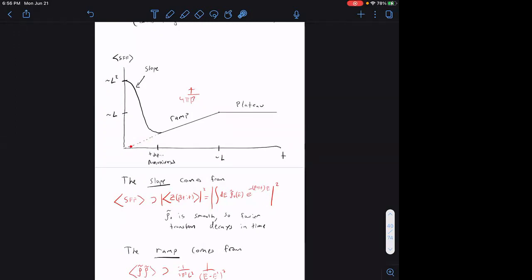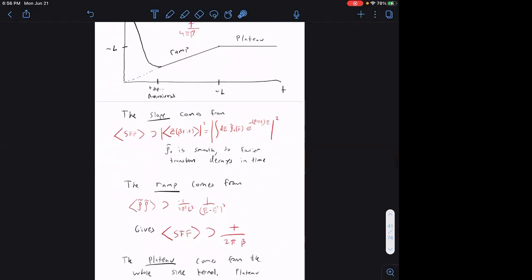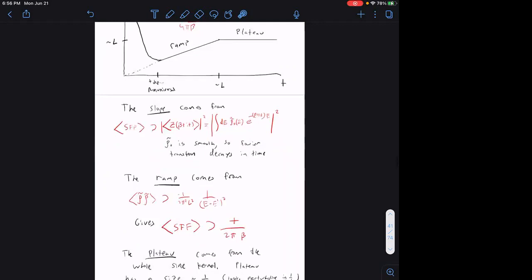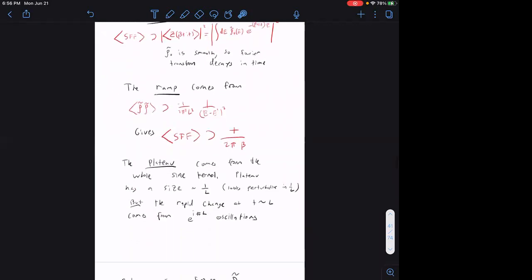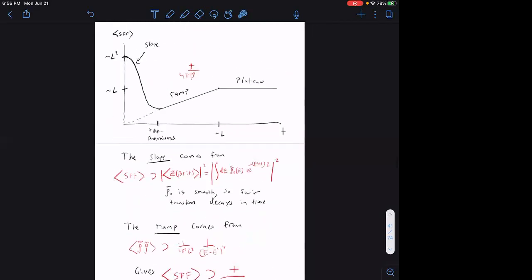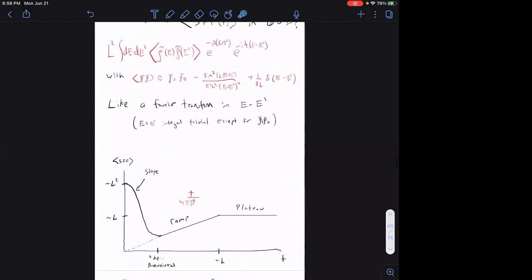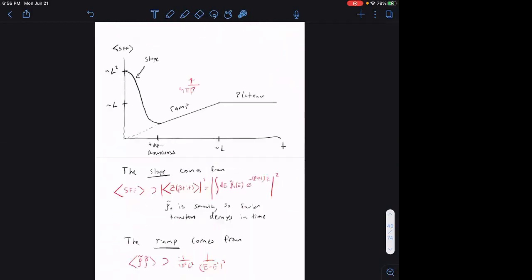So this simple perturbative part of the sine kernel gives the ramp, and at these long times of order L, it suddenly transitions to the plateau, which is due to these rapid oscillations. And then lastly, this delta function basically sets the overall height of this function. It's not very interesting.